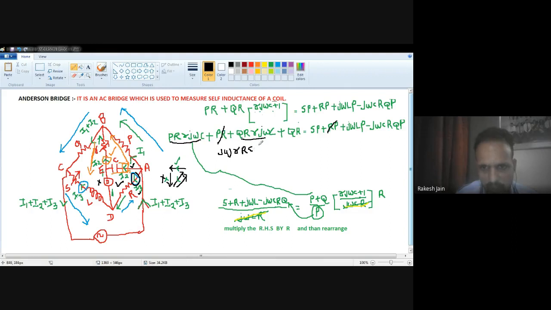So what will be remaining in the bracket? R j omega C R, and P will be remaining plus Q will be remaining. Then only P plus Q will be remaining. This is the left hand imaginary part. And what is the real part? The real part is only this one, Q.